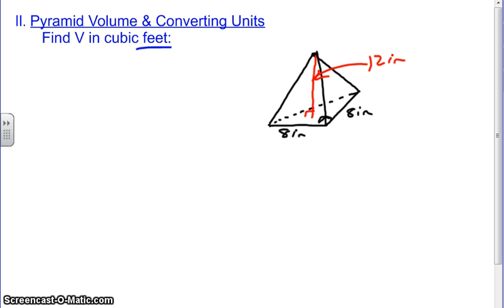So here we have that issue of units. It says, find the volume, but find it in cubic feet, and they've given us the dimensions in what? Inches. Inches. So if we're asked to find the volume in cubic feet, we can change it now, or we can change it later.